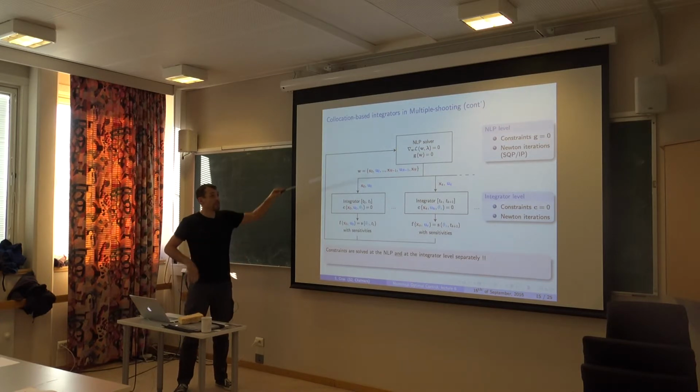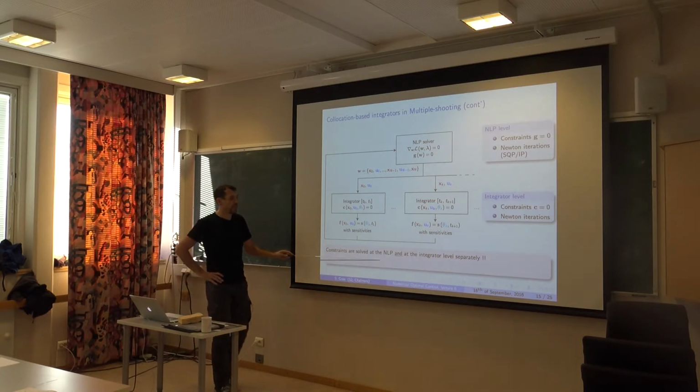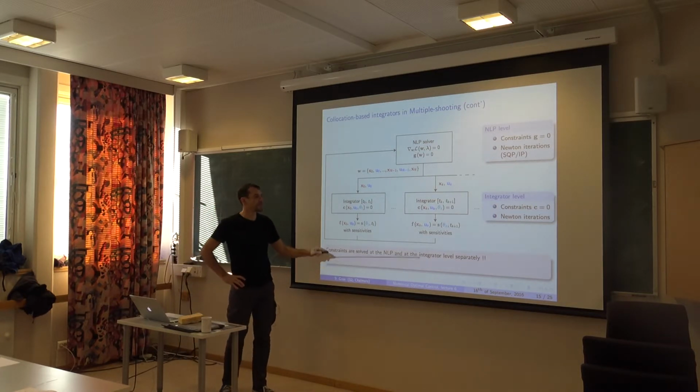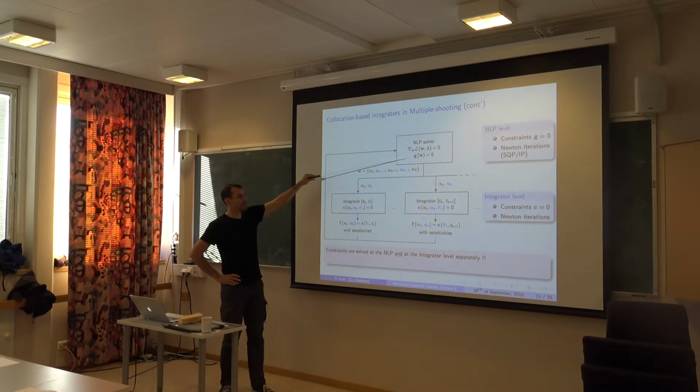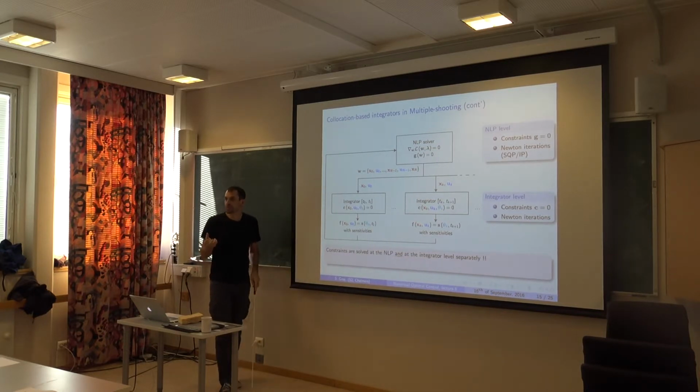So that will be doing multiple shooting with collocation-based integrators inside. Essentially what's happening here is that we solve a lot of constraints, both at the NLP level for closing the shooting gaps and at the integrator level for finding the thetas, right?